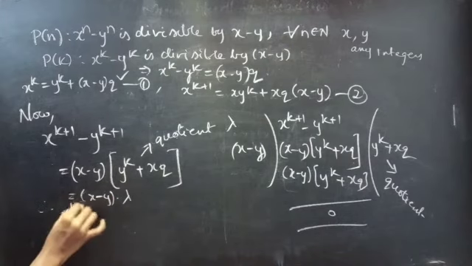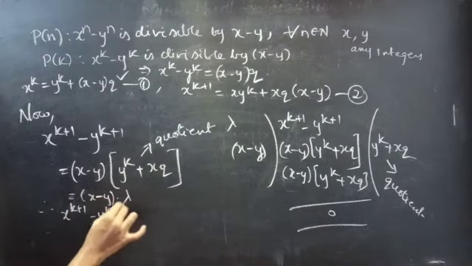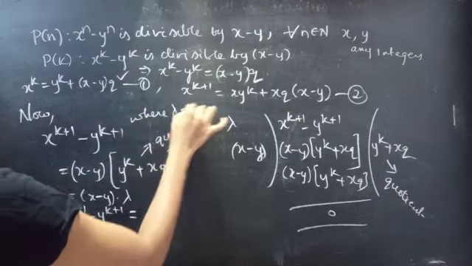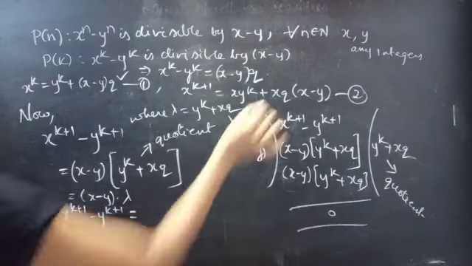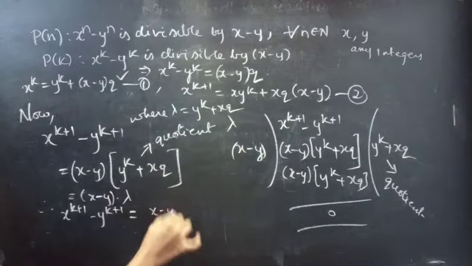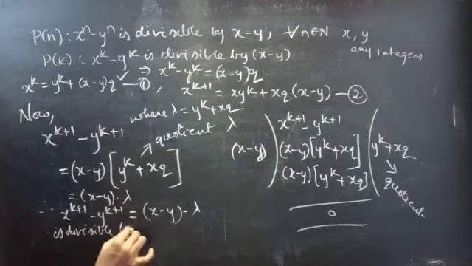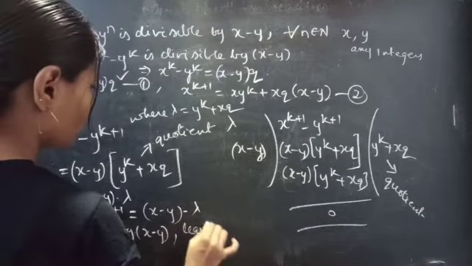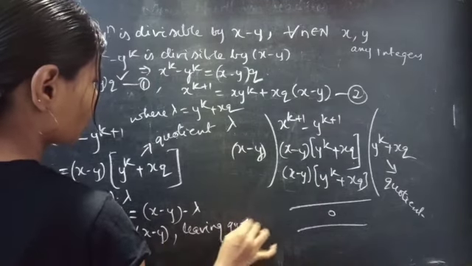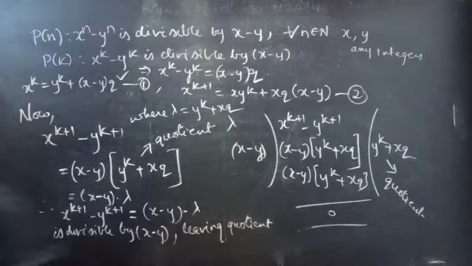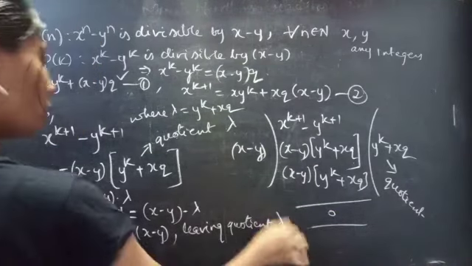Therefore x power k plus 1 minus y power k plus 1 equals x minus y into lambda, which is divisible by x minus y, leaving some coefficient lambda.